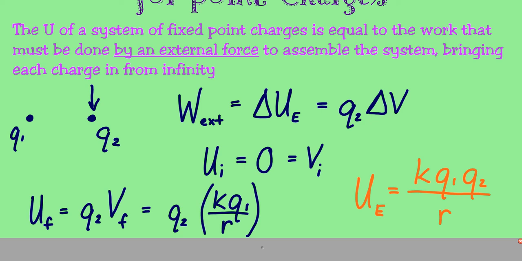However, there are no absolute value signs in this expression. And what that means is that if Q1 or Q2 are negative, you want to make sure that you plug in a negative value for those charges.